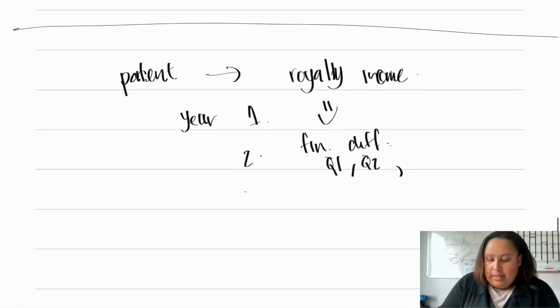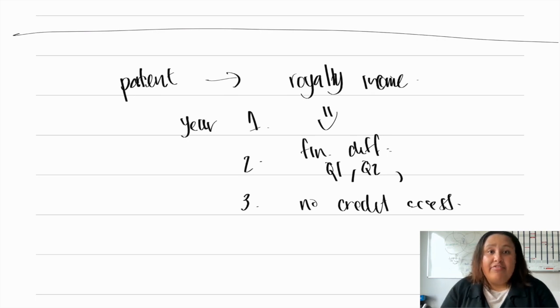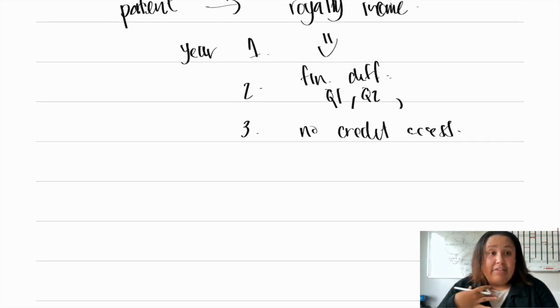Then, in year 3, at this point, there is no credit access for the customer because their financial situation has deteriorated this much. So they have no credit line. Things are really going bad. They are no longer able to pay the entity. It's unlikely that they would.